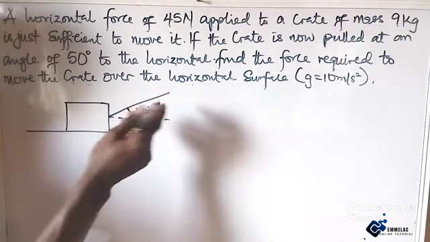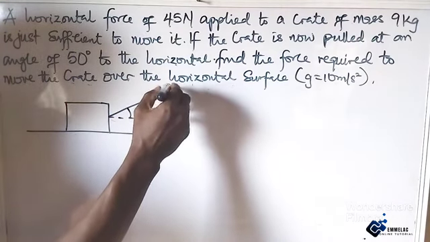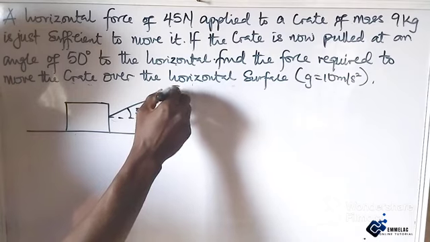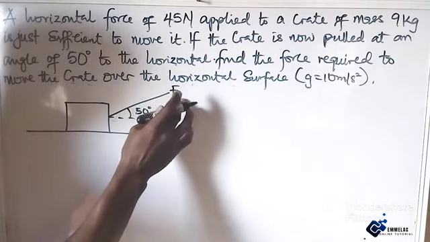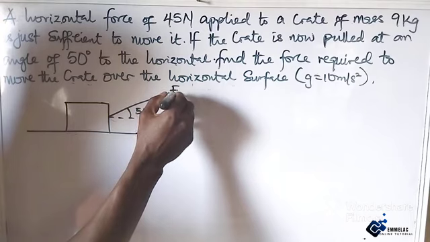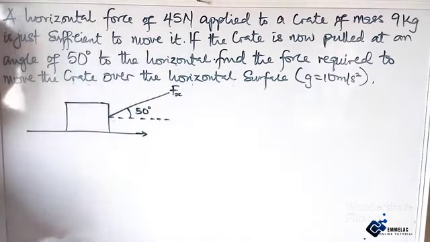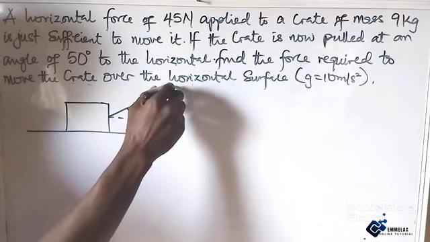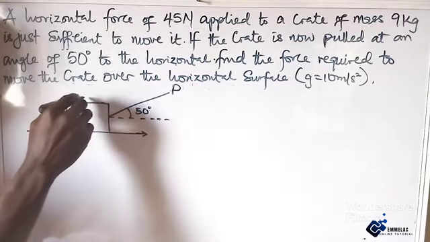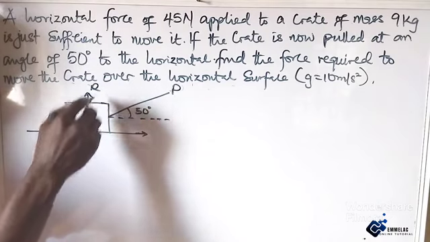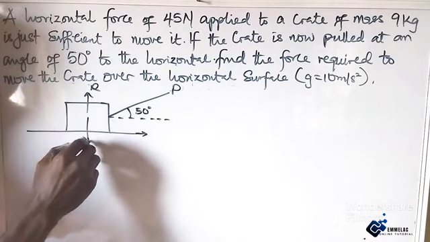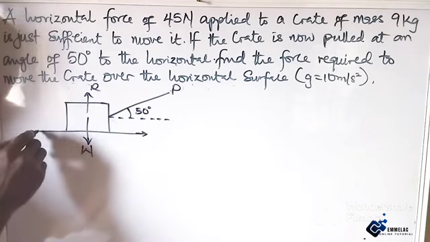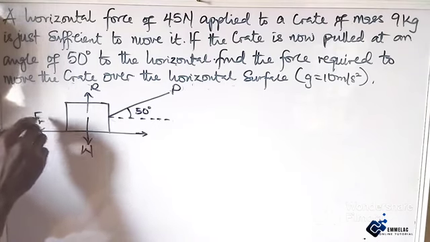Let us make this P, the pulling force. Now the reaction still is here. Now the weight W is here, and the frictional force is here.